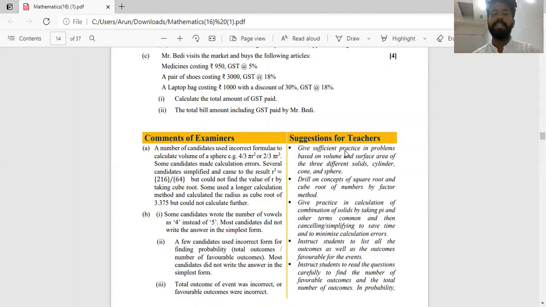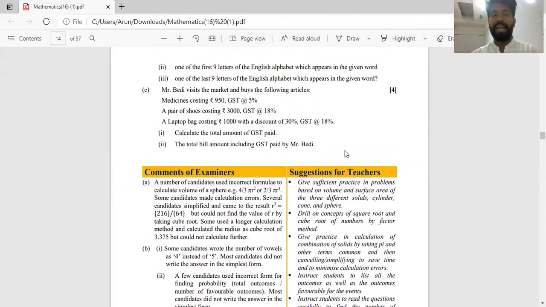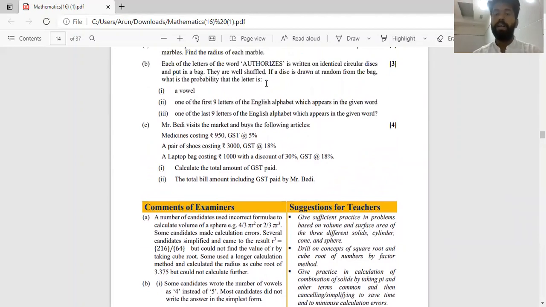In that, some candidates wrote the number of vowels as 4 instead of 5. So you have to count the vowels correctly, and if a vowel has been repeated, you have to count that vowel twice as well. So in this, you have A, U, O, I, and E. 5 vowels, keep that in mind.